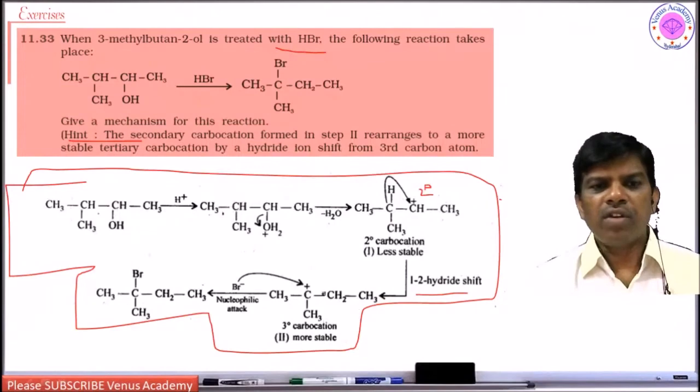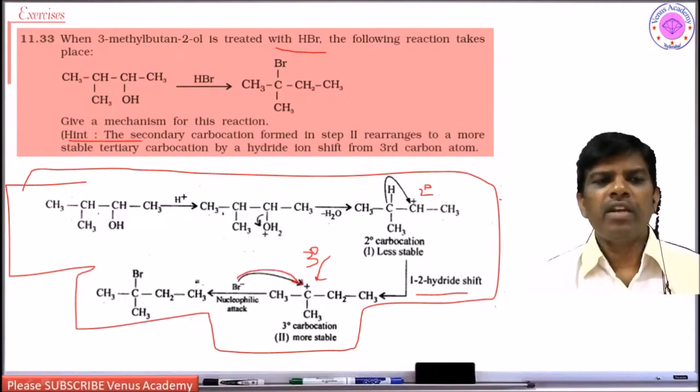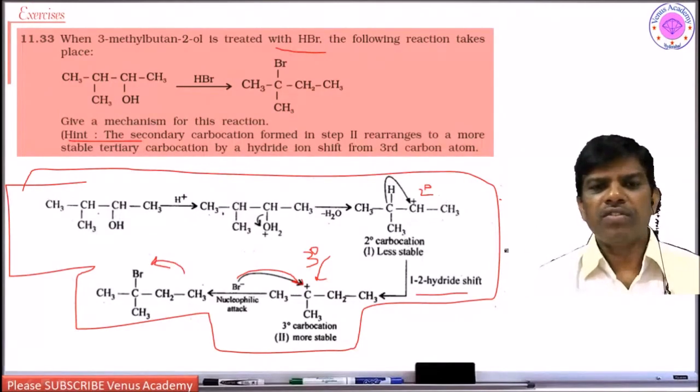So upon the 1,2 hydride shift, a tertiary carbocation is formed. A tertiary carbocation is more stable than a secondary carbocation. This carbocation now takes up bromine to give the bromo compound. So the hydride shift is very important, students. What is the migratory aptitude?